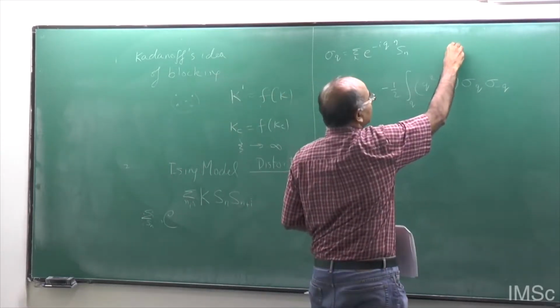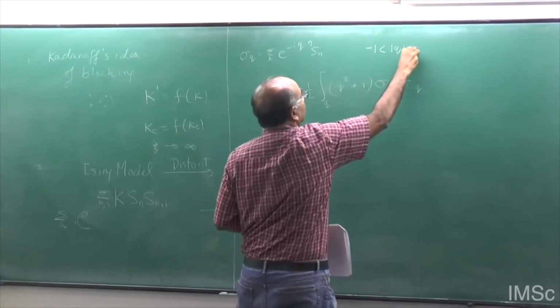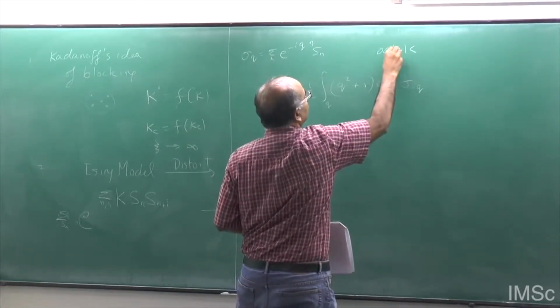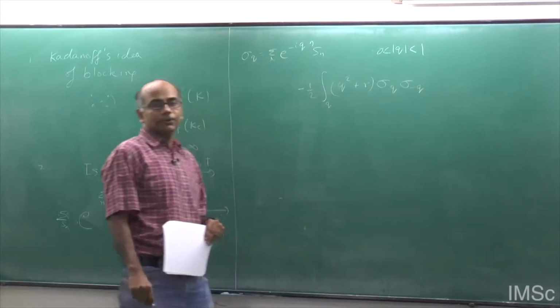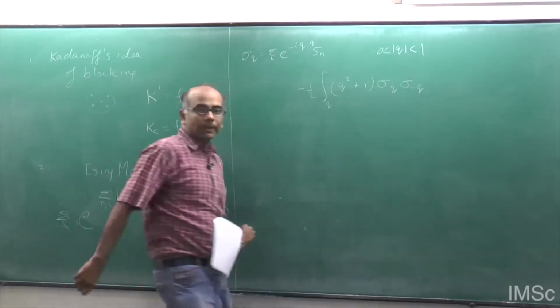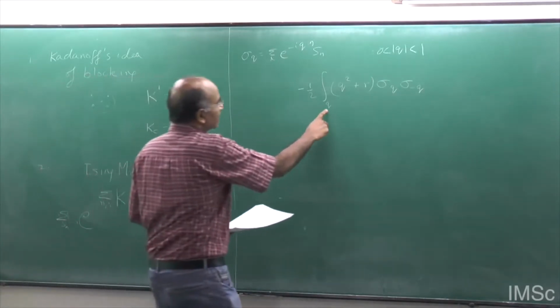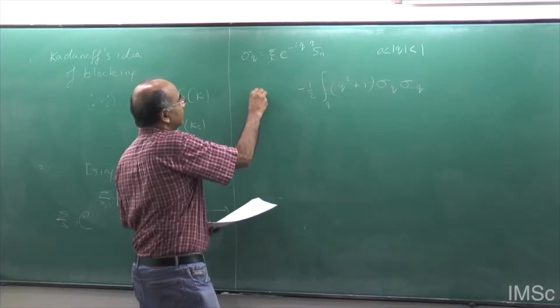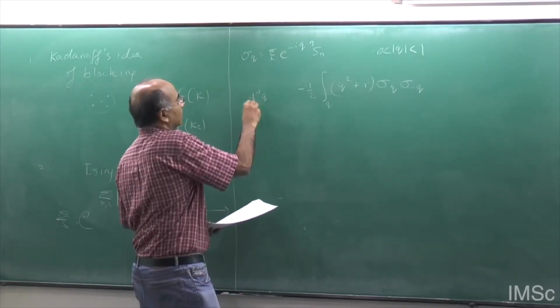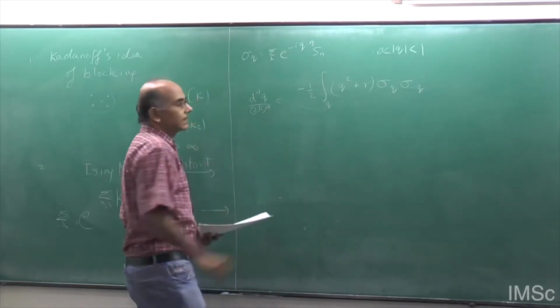So we'll restrict q to the range 0 less than q less than 1, modulus of q less than 1. So instead of pi, I'll make it 1. That's just a simplification. So that's the range of integration. This dq here, I won't keep writing that, but that's what it means.